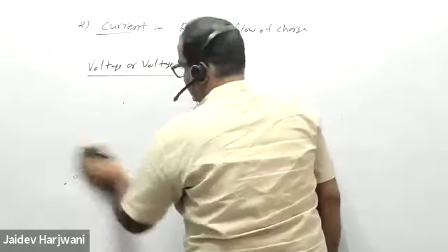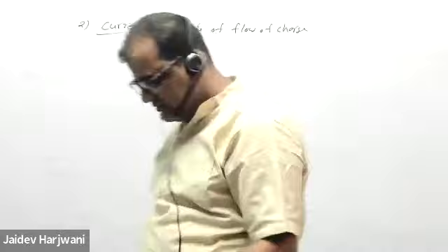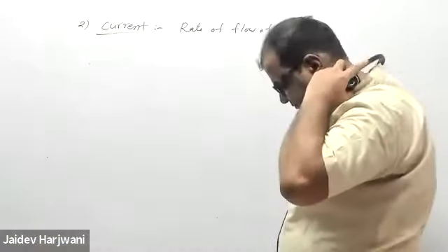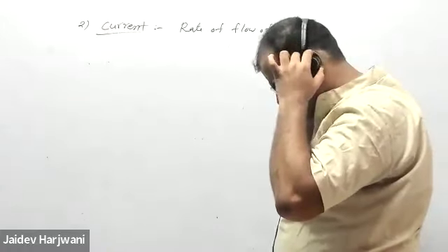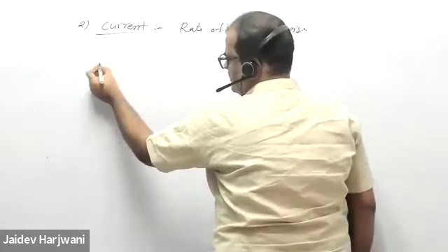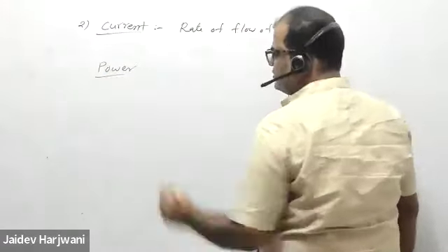So this is the definition of voltage, and the last definition is power. What is power? The rate of work done is called power.